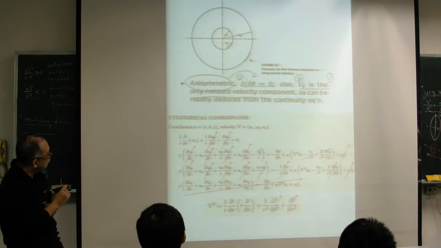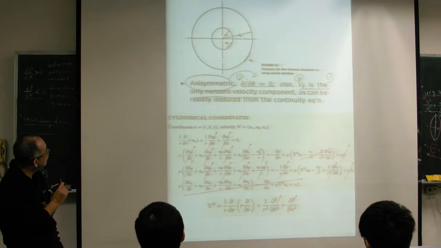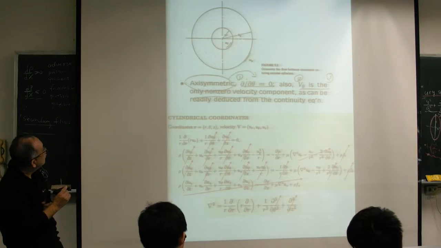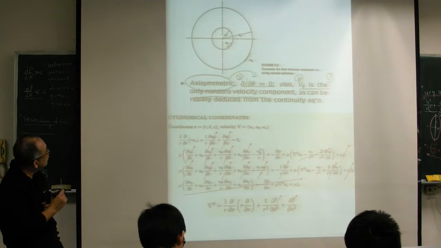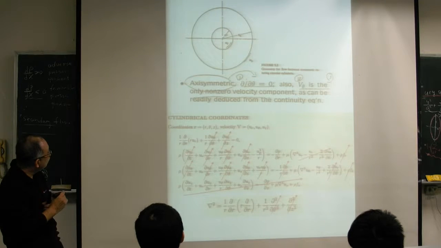We consider all the same, so the velocity along the z direction doesn't change. We assume steady state here, so partial t is equal to 0, and ur is equal to 0, since u theta is the only component.